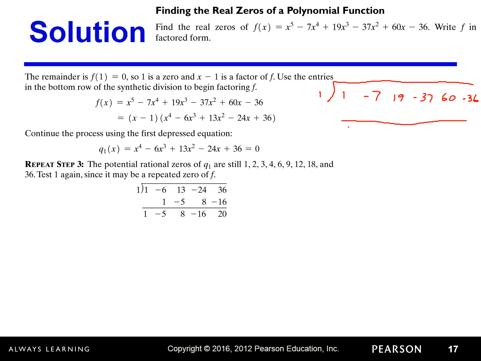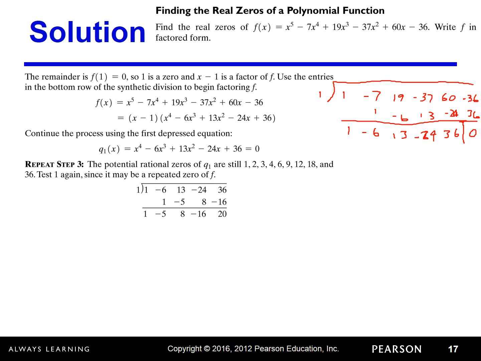fast. Writing down the first thing, multiply and add, multiply and add, multiply and add. That's -24. Multiply and add, multiply and add, and again we get that 0.